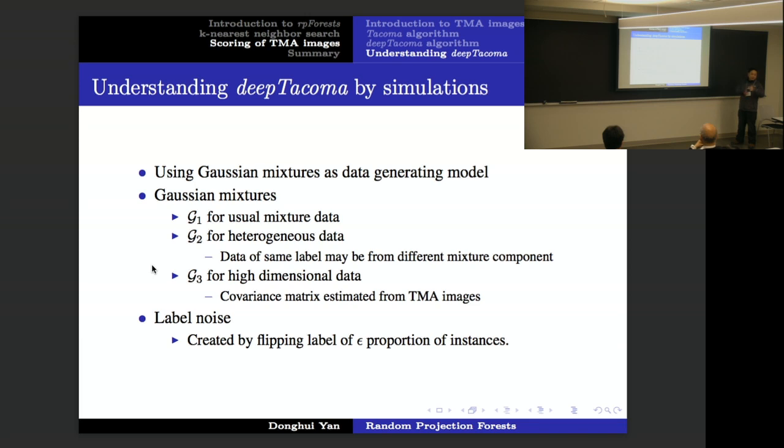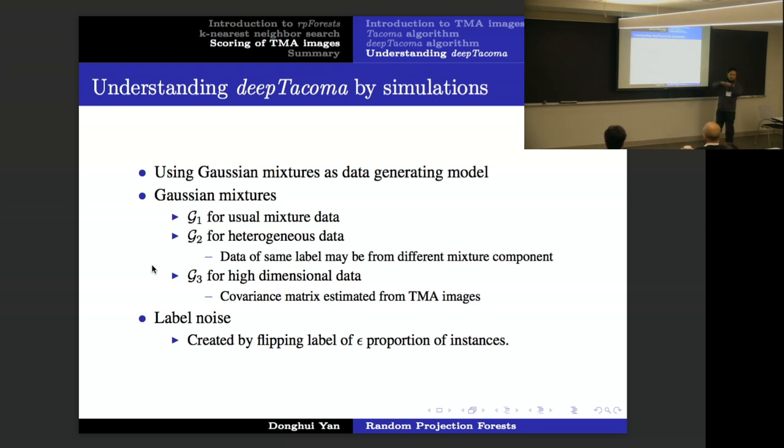So we tried three different sets of experiments. One was for this mixture data, where the data is a mixture of Gaussians, with different labels. Another experiment used so-called heterogeneous data.